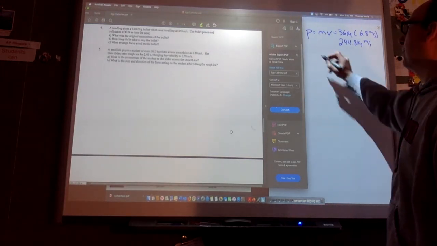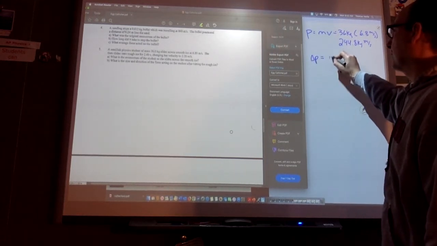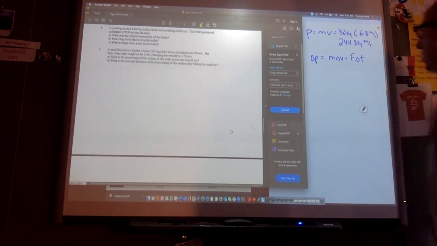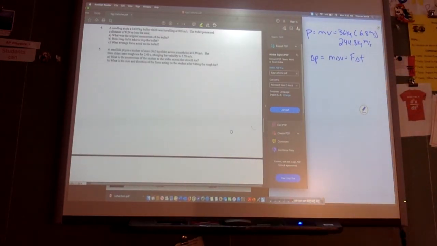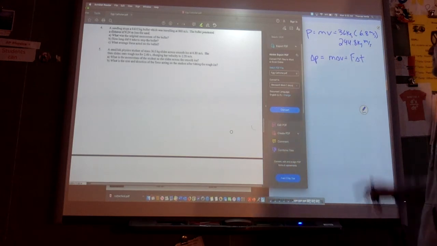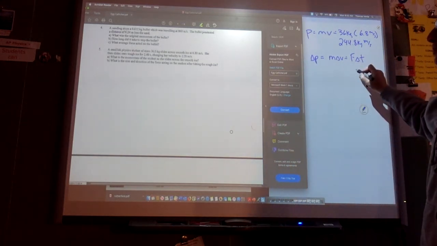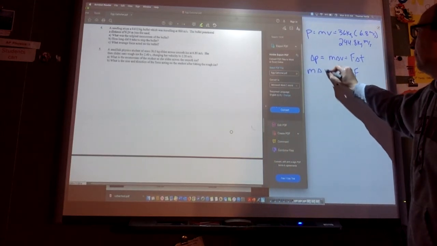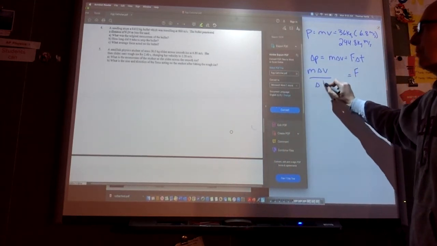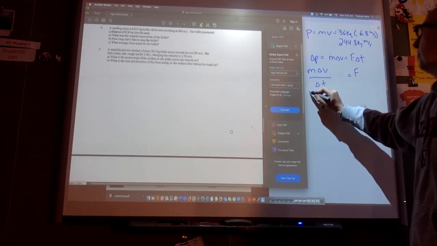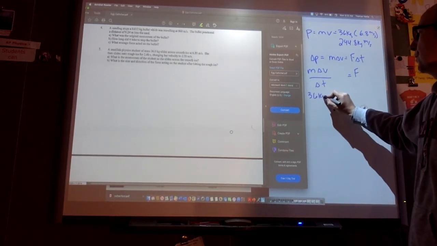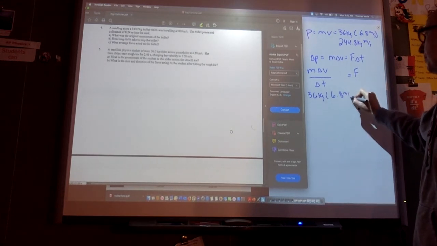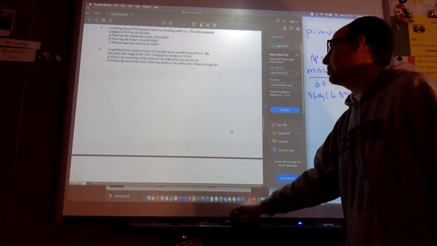We can get it by taking the change in momentum, which is equal to force times time. So F is going to be equal to m delta v over delta t. And so her mass doesn't change, but her speed changes from 6.8 to 2.2.